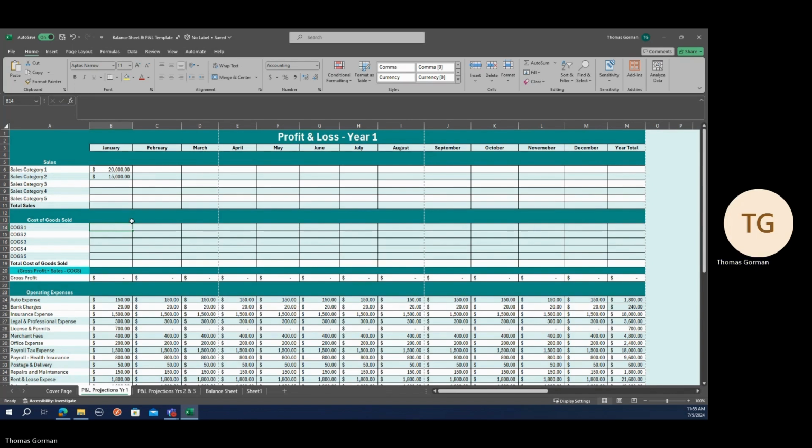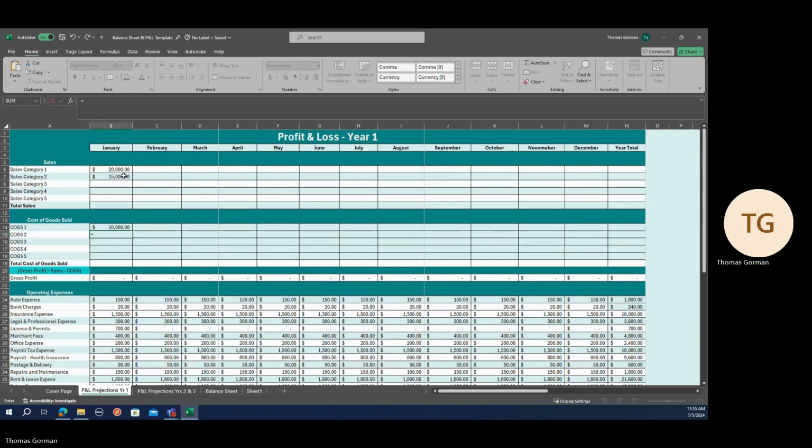So for our cost of goods sold for this month, we're going to say equals $20,000 times 0.5. So then we have $10,000 of cost of goods sold. For product two, we're going to do the same assumption.